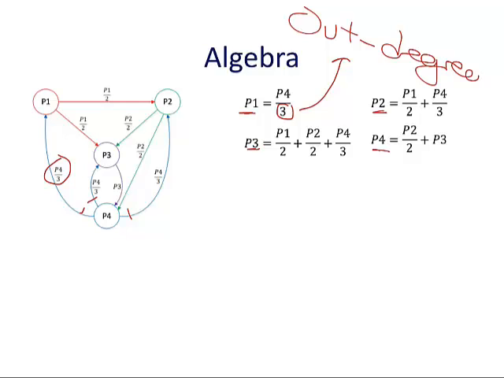In the same way, we can take another example, for instance, of P3's node, which gets P1 over 2, and this 2 is the out degree of node 1. At the same time, this 2 in the P2 equation is the out degree of node 2, and this 3 in the P4 equation, again, is the out degree of P4.